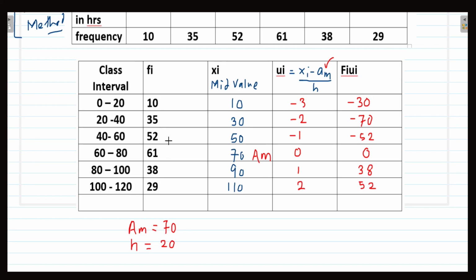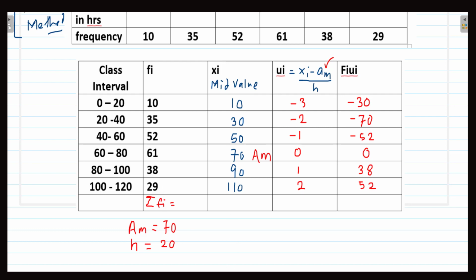Now the next important step is that you have to find the sum of these frequencies, which we denote by summation of fi. Here we take the sum of this frequency. If the sum of the frequency is not given in the question, you will have to do this addition. But if it is given in the question, then please do not waste your time.